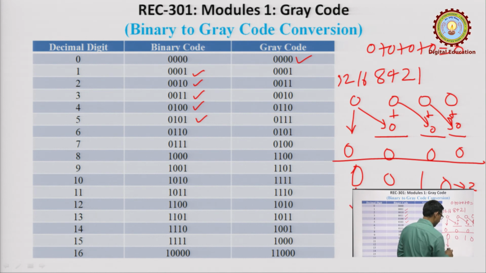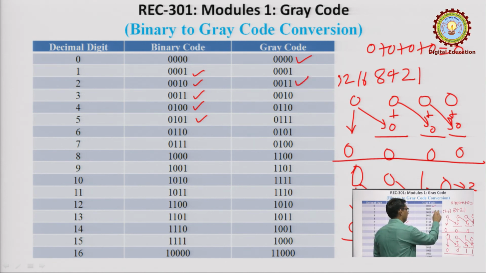So, the MSB will be copied as it is, then this will go here, 0 plus 0 is equal to 0, this will go here, plus 0, 1 plus 0 is equal to 1, and this will go here, plus 1, 0 plus 1 is equal to 1. So, this will be the gray code. In this way we can make this table for up to 16 or a higher number.